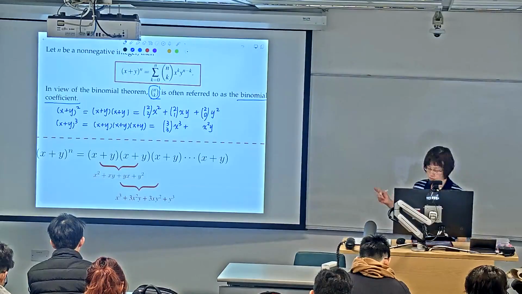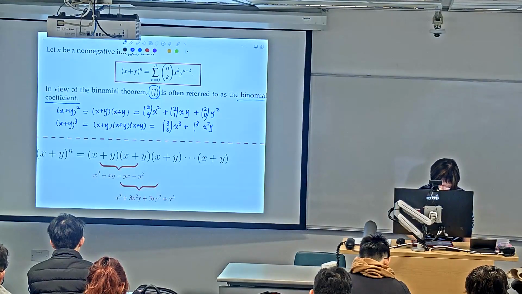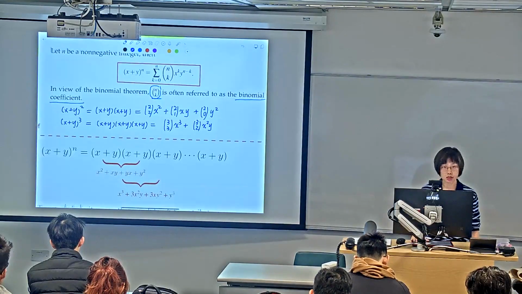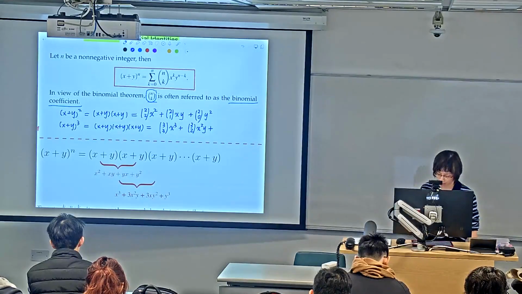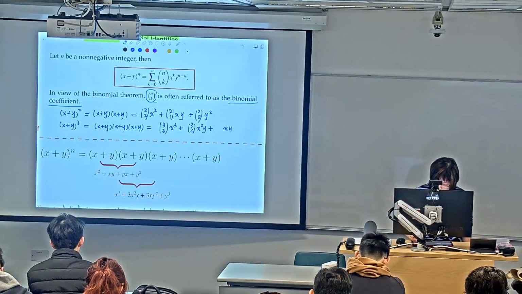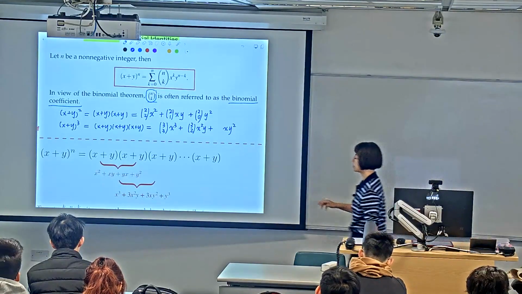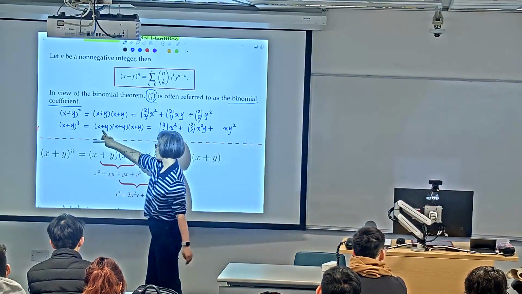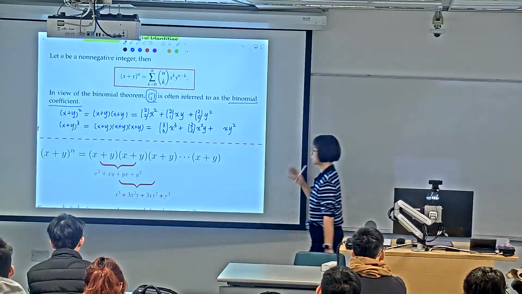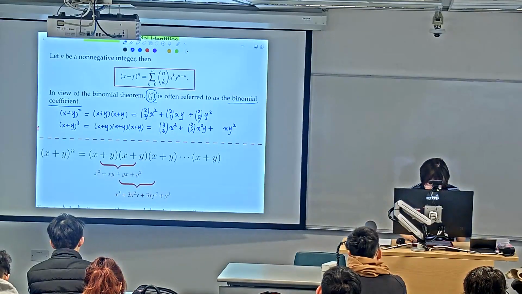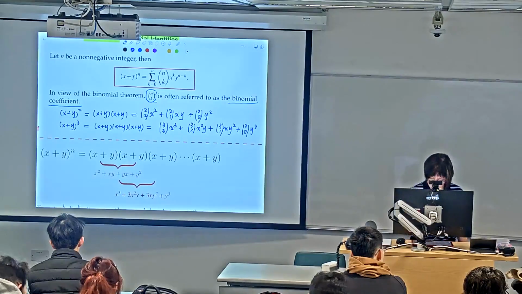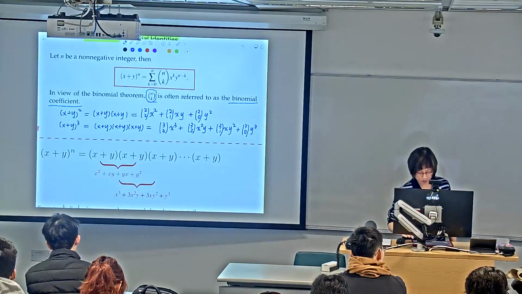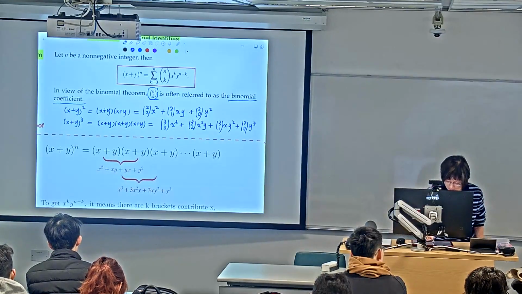The remaining one contributes y. So we put 3 choose 2 in front of it, this is the number of ways we can get x squared times y. And then we can also have x times y squared. This is the case where we choose one of the brackets to contribute x. The remaining two contribute the y term. So again, this is 3 choose 1. And then for the y cubed, we choose none of the brackets to contribute the x term. And you can see the pattern here.